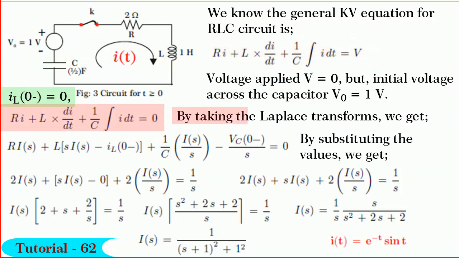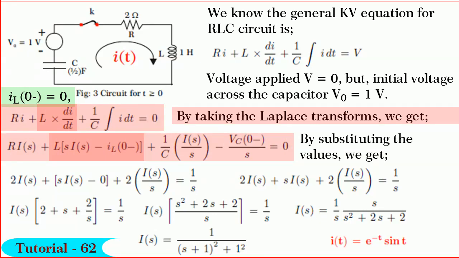By taking the Laplace transforms, we get R I(s) + L[s I(s) − iL(0−)] + (1/C)[I(s)/s − V0(0−)/s] = 0.